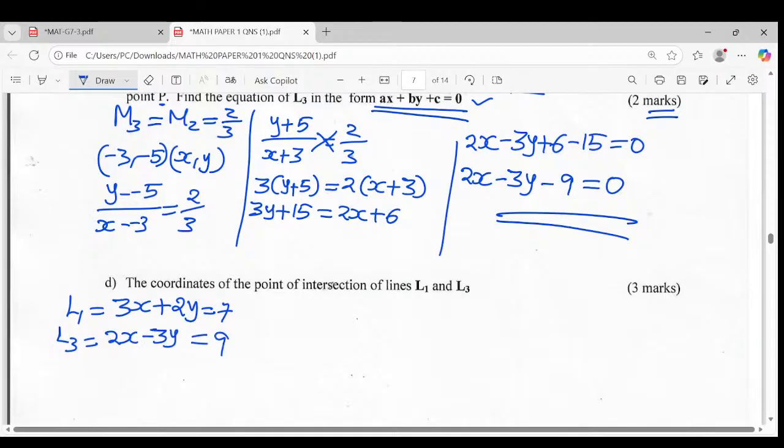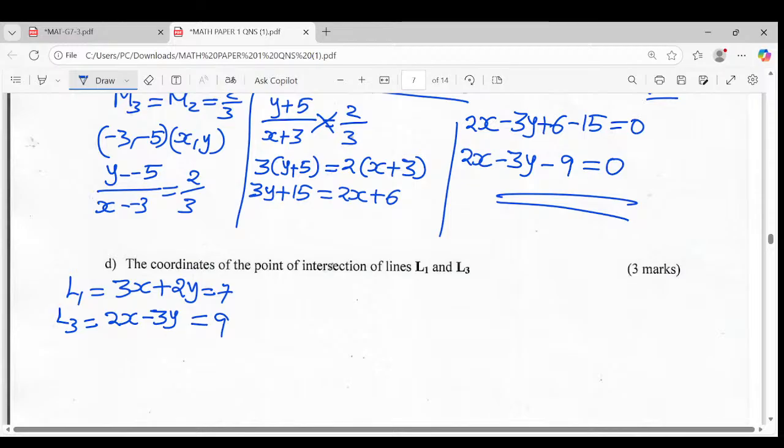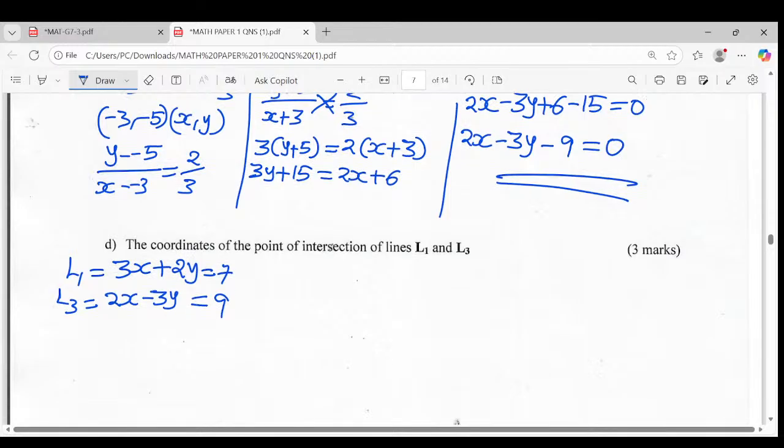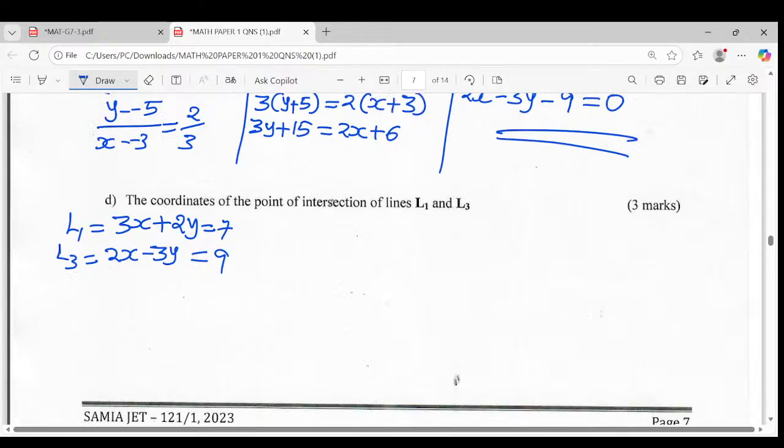Now because these two lines intersect at point P, to find the point of intersection, we are simply going to solve these two equations simultaneously. So if I have 3x plus 2y being equivalent to 7, and the second equation I have 2x minus 3y being equivalent to 9, I'll eliminate x by multiplying here by 2, here by 3.